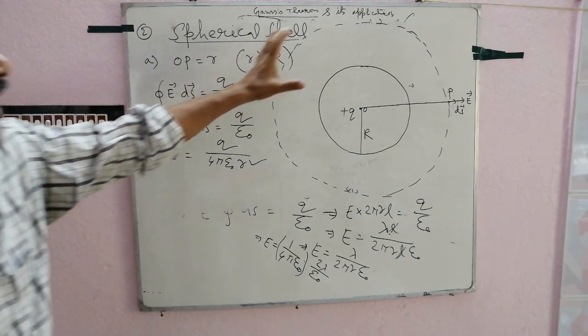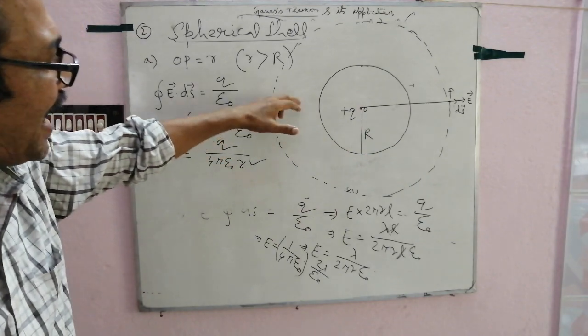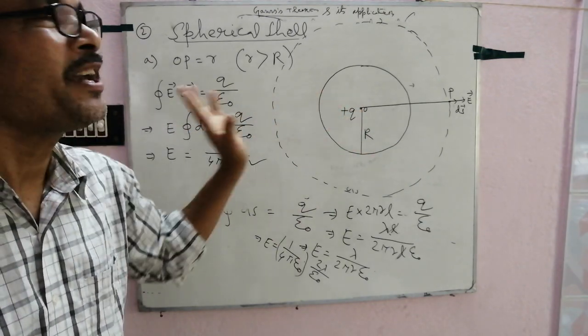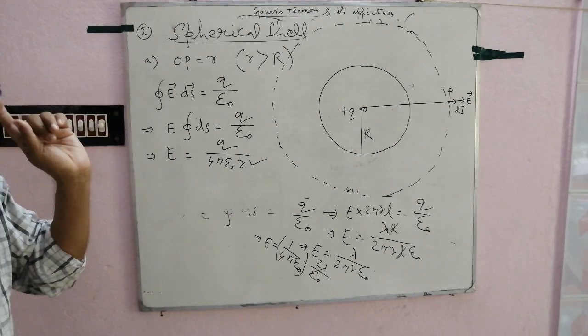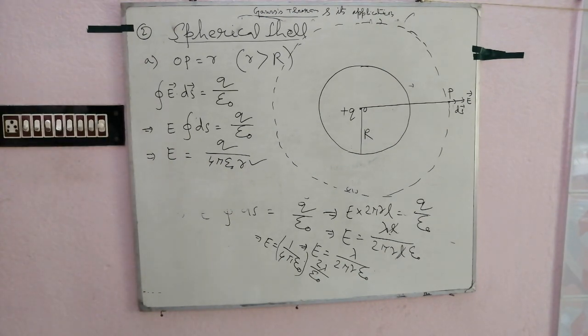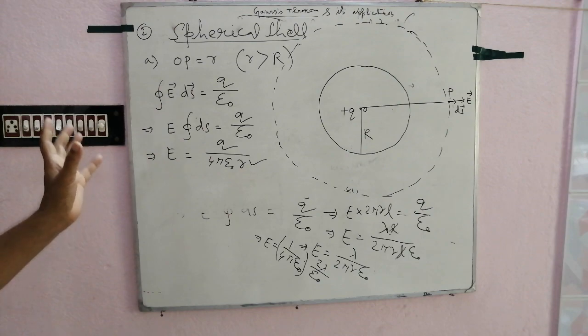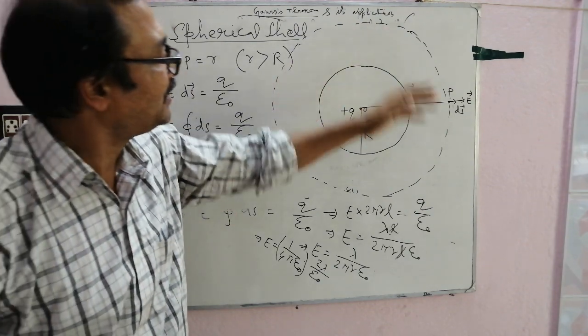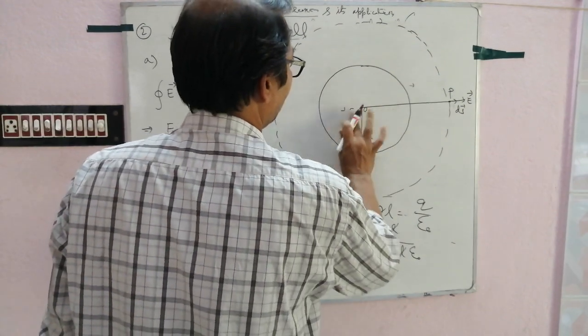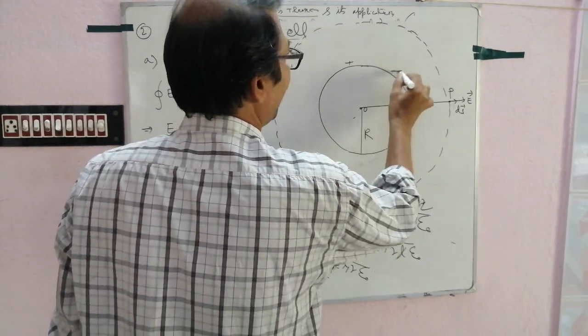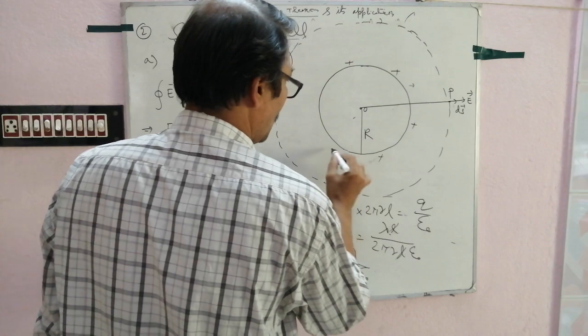Here, the spherical cell acts, the total charge acts as a point charge. In my first lecture, I mentioned that in a cell the charge always resides on the surface.